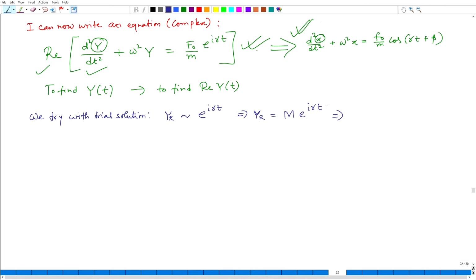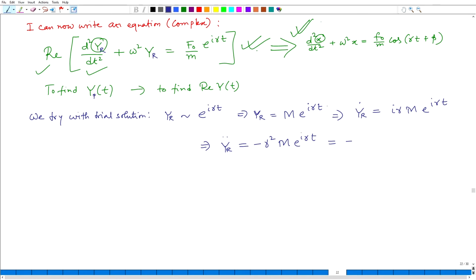Then of course, y r dot will simply be equal to i gamma M e to the i gamma t, and then y r double dot will simply be equal to another i gamma will come here, so minus gamma square M e to the i gamma t. Okay. So, M e to the i gamma t is nothing but y r. I somehow mixed some symbols, so I write this as y r.